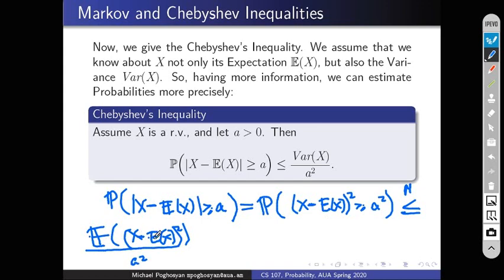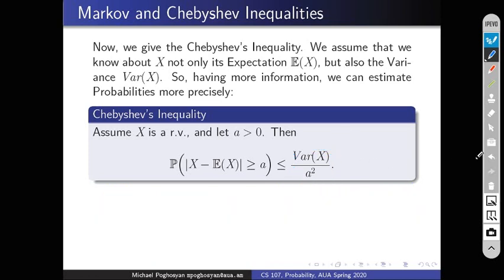And the expected value of x minus EX squared is just by definition the variance of x, and this will give the variance of x over a squared, what we have here. So simple.